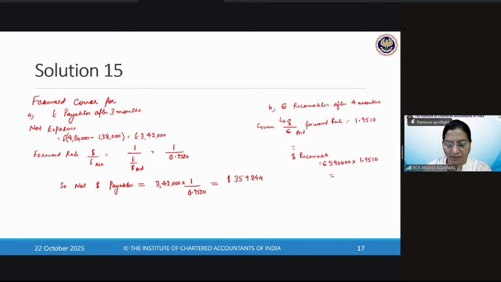So same would be applicable. 11,51,090 dollars. So under the forward contract, it is clear that after 3 months, it will pay $359,244, and after 4 months, it will receive $11,51,090.